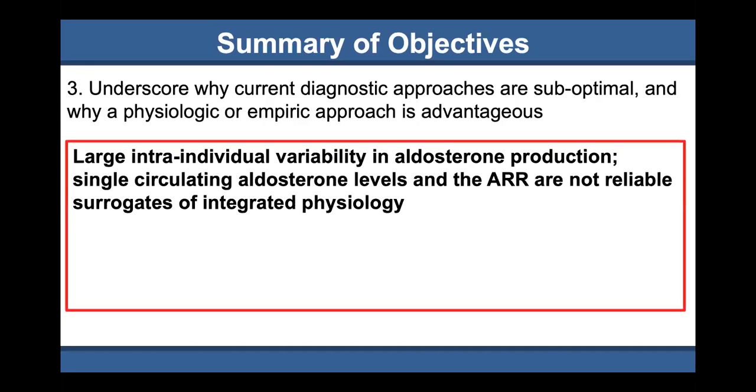There's a large intra-individual variability in aldosterone production, not only diurnal, but burst-like pulsatility throughout the day, such that a single circulating aldosterone level and the aldosterone to renin ratio are not always reliable surrogates of integrated physiology. Certainly, if they're very high in the right pretest probability, they can be informative, but low levels may not be exclusionary.